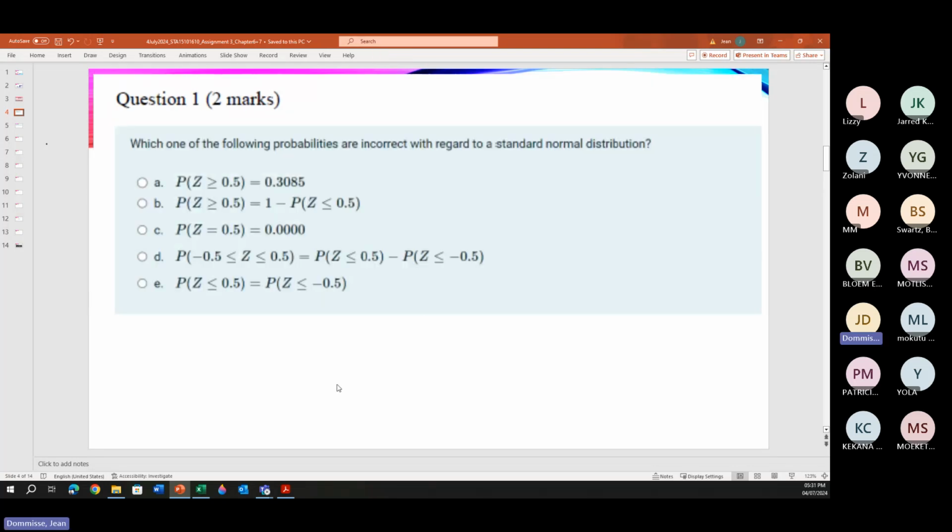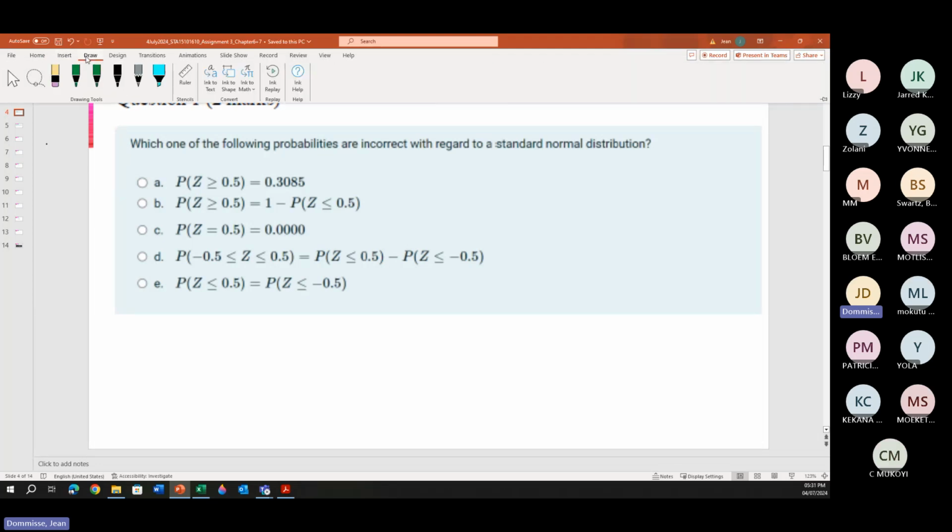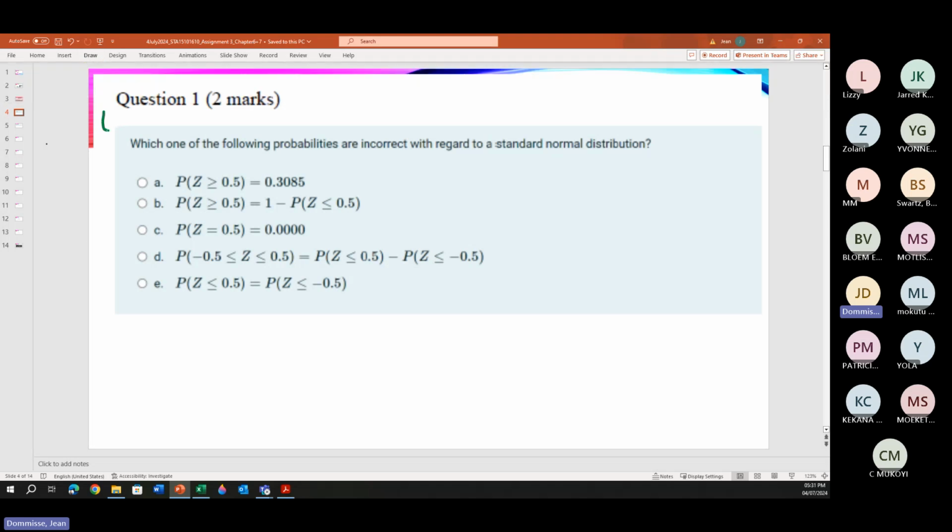So the first question is coming out of study unit 6. We need to look at different probabilities, and some of it we will need to work out.